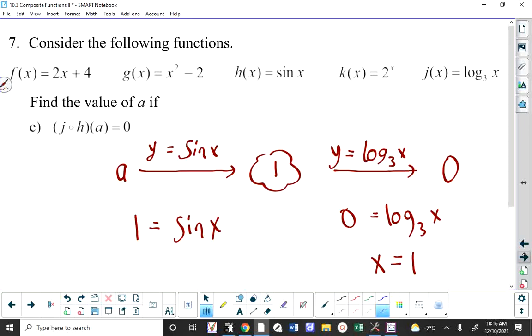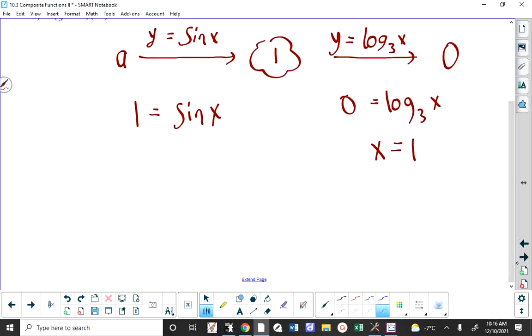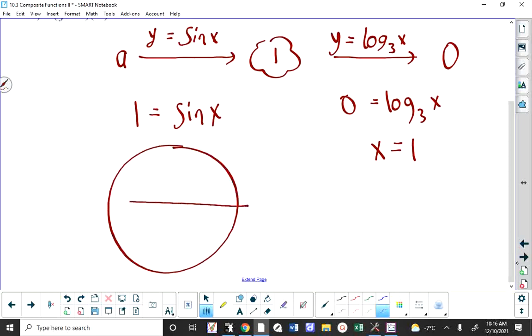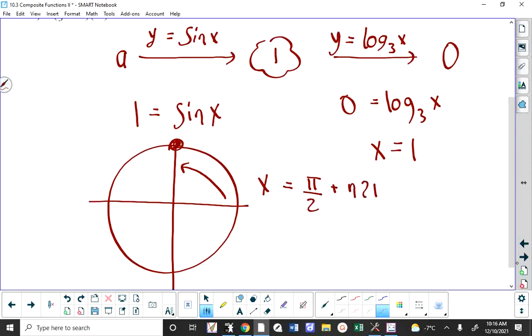On the unit circle, sine of a rotation angle is 1 at the top. At pi over 2 radians or 90 degrees is the location. So this is the rotation angle x, which is pi over 2, plus multiples of 2 pi n, where n is an element of the integer set.